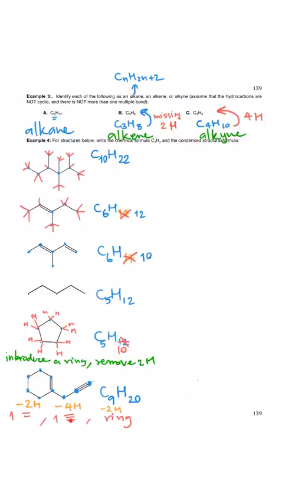Every time a triple bond is introduced, we need to remove 4 hydrogens. And when a ring is introduced, we need to remove 2 hydrogens. Therefore, the number of hydrogens should equal 20 minus 8, which equals 12. Therefore, the correct chemical formula of this structure would be C9H12. Okay, so I'm going to highlight this so that we know.